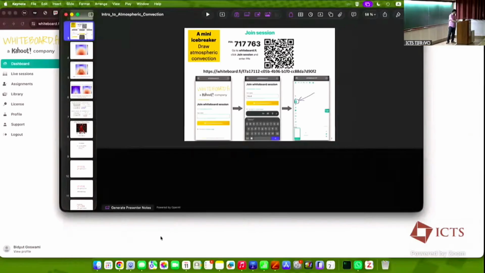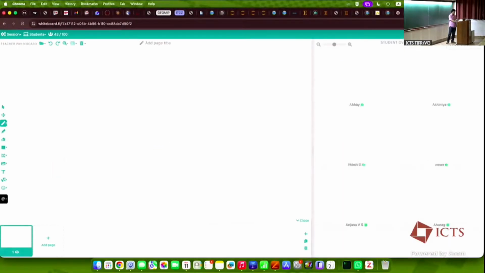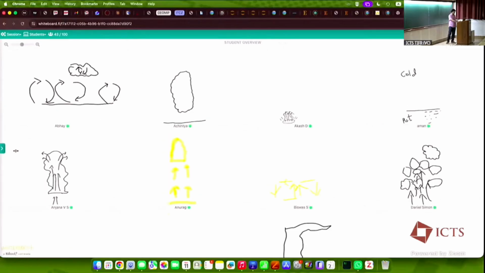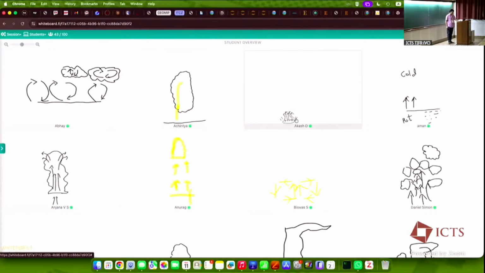I think we already have some nice ones. I can see some circulations going, deep clouds, tiny deep clouds, and hot and cold.